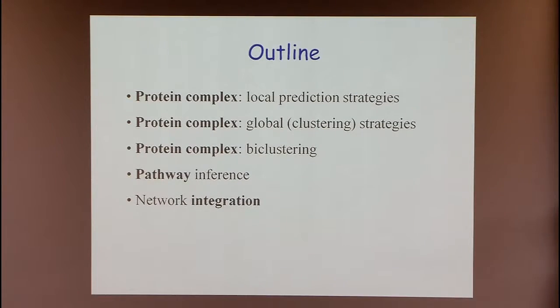I will mention biclustering approaches to protein complex prediction. And then I will mention some work on pathway inference, although the bulk of the work that I'm aware of is on identifying protein complexes. We will talk in a second why, but it's because of its similarity to clustering.